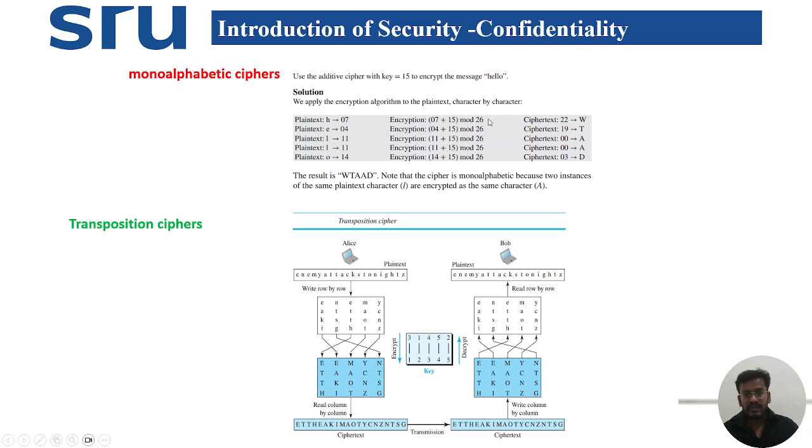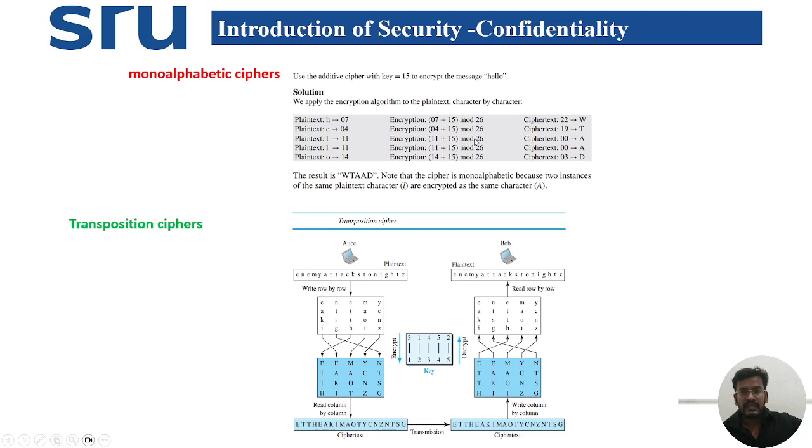So 7 plus 15 is 22, and 15 plus 4 is 19, and 11 plus 15 is 26.